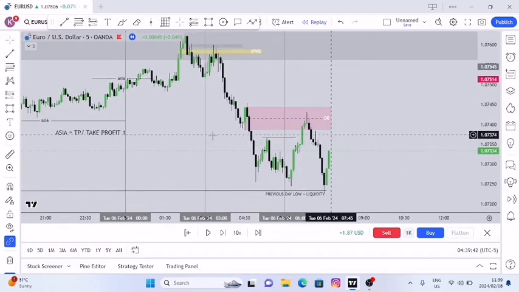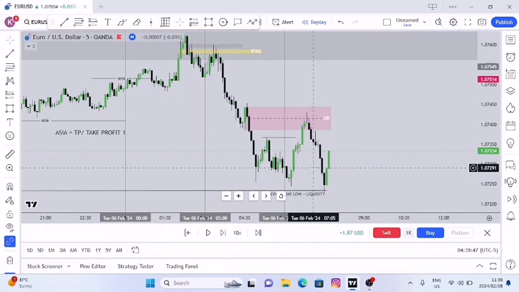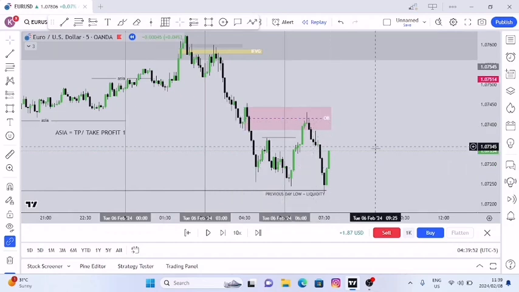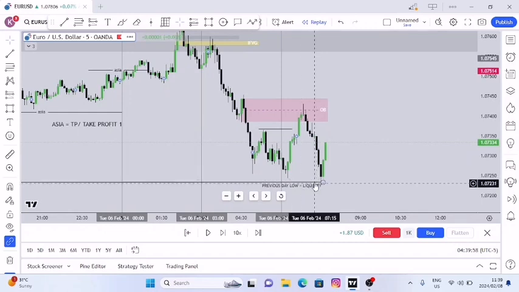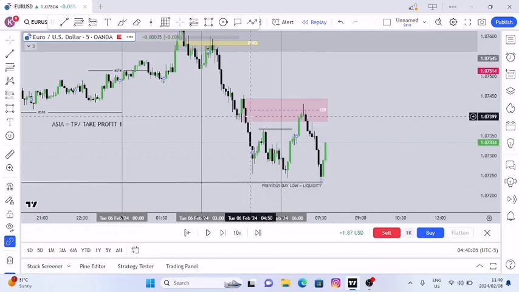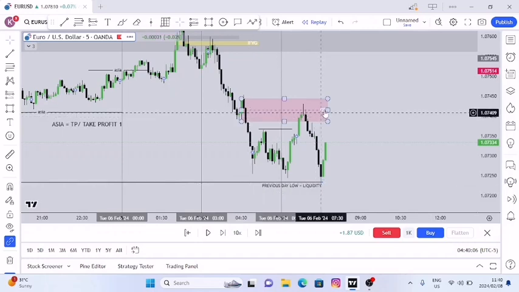You have all these, there's 2, there's 3 fair value gaps here that form after the creation of this order block itself, right? If you were to take this as a scale in, what do you target? You're targeting previous day liquidity. This candle and this candle didn't take it out yet. It came close, but it did not take it out yet. So you possibly use this as another scaling in option until you reach your draw on liquidity, right?